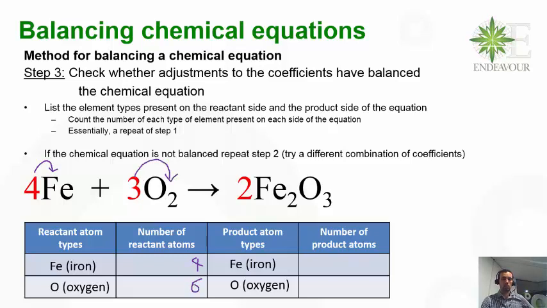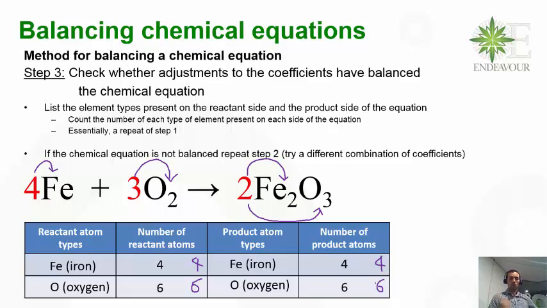So 4 lots of 1 Fe gives us 4 Fe atoms here, and then 3 lots of 2 oxygens here gives us 6 oxygens. The 2 in front of our Fe2O3 means we times the 2 Fe atoms by 2 and also the 3 oxygen atoms by 2. So 2 times 2 for the Fe gives us 4, and 2 times 3 for the oxygen gives us 6.